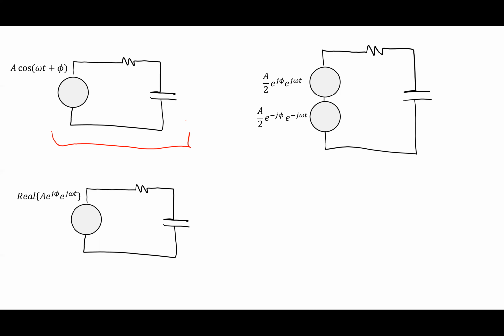Now, what I can't build is what I have shown right here. I can't build an e to the j omega t voltage source. Why not? Because it's imaginary. However, I can say that these two things are equivalent. Why are the circuit on the top left and the one on the top right equivalent?